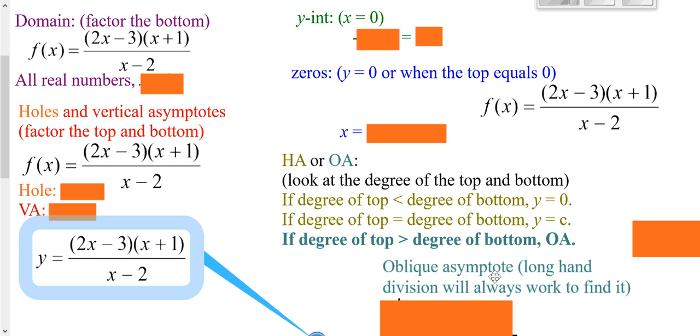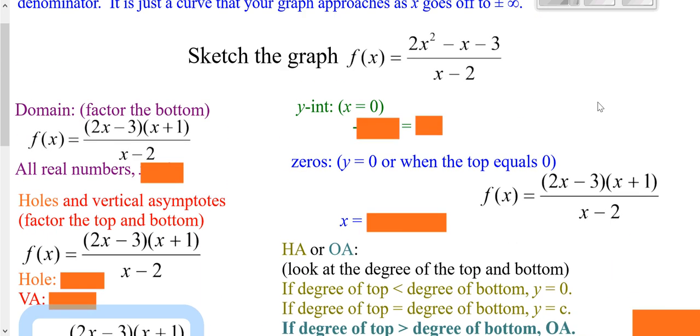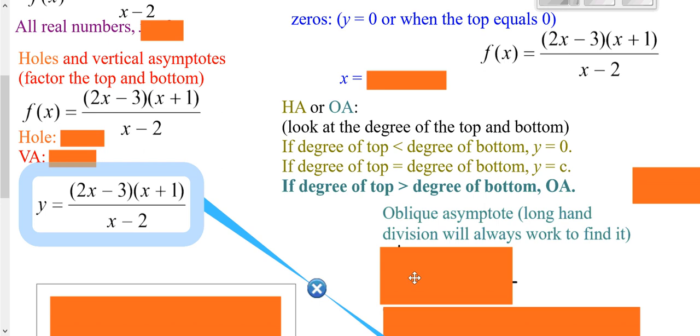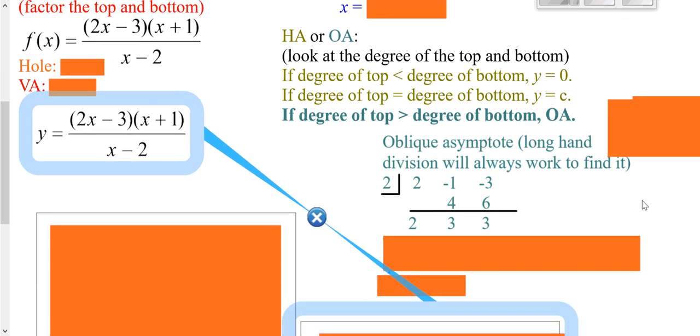Your oblique asymptote is your quotient after you divide. Longhand division will always work, but because we're dividing by x plus a number or x minus a number, we could go ahead and just use synthetic. If we did synthetic division, put down what we had on top, work it out.